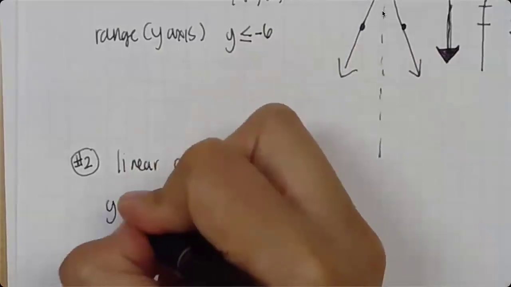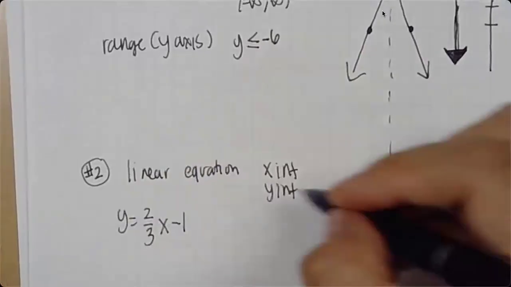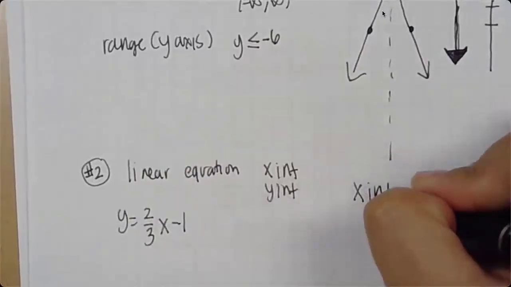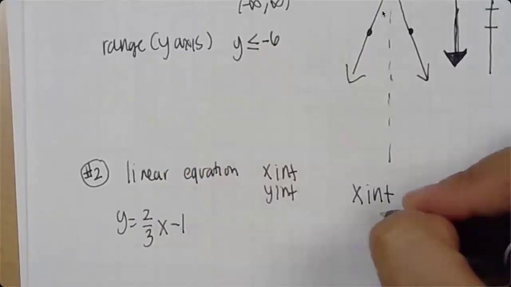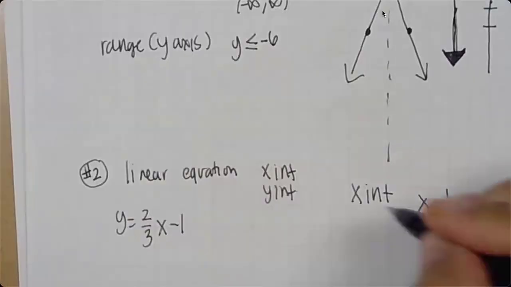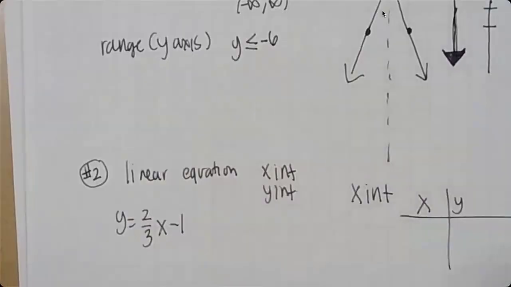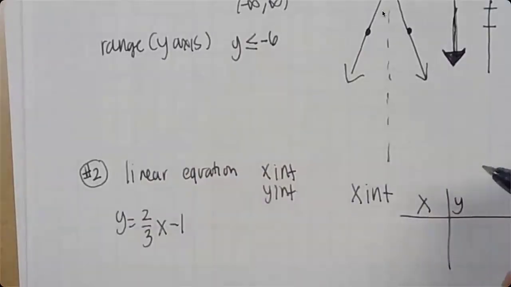And our equation is y equals 2/3 x minus 1, okay? Well, to get an x-intercept, I need to set a y equal to 0.